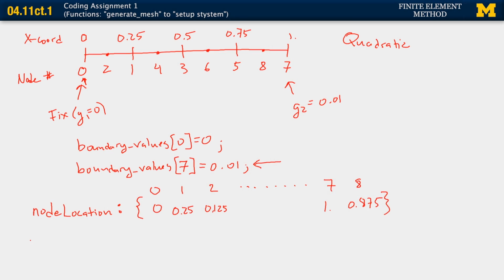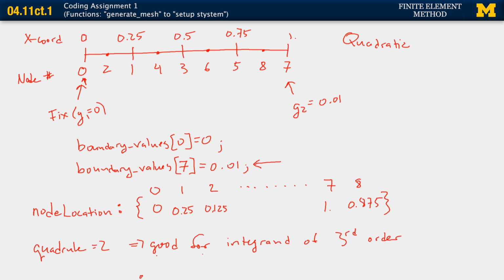Remember that for the quadrature rule, let's say you have a quad rule of 2. This is actually good for an integrand of up to third order, or third order polynomial.